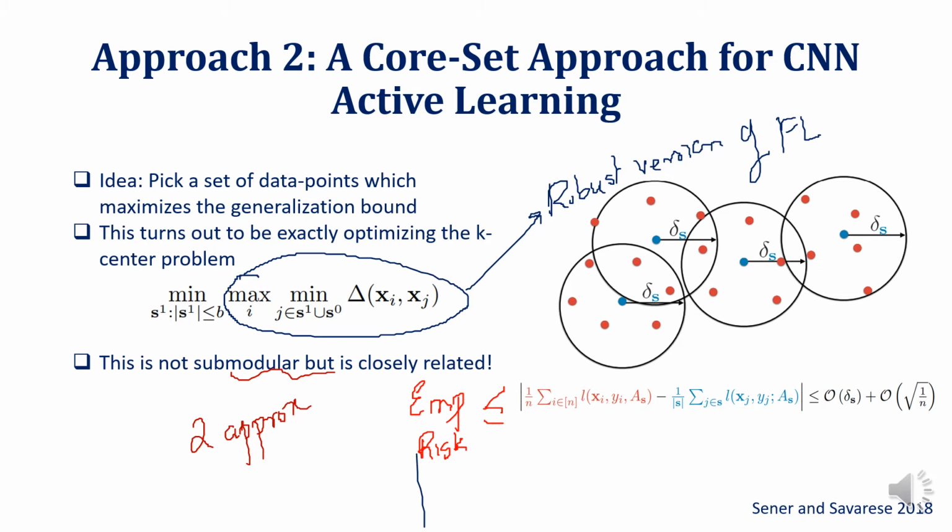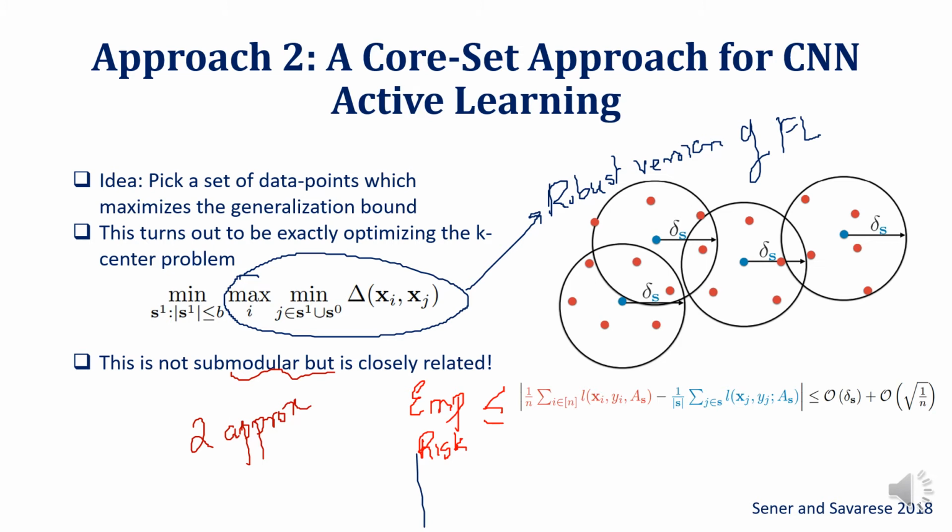So what you do in facility location is that you have a sum, and here you have a max, and that's why we call it a robust version of the facility location objective. The problem is also well known as the K-center problem.